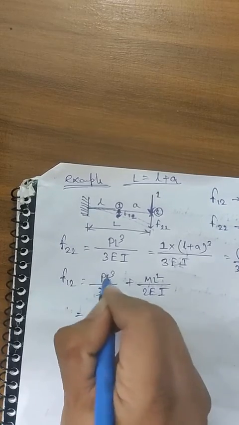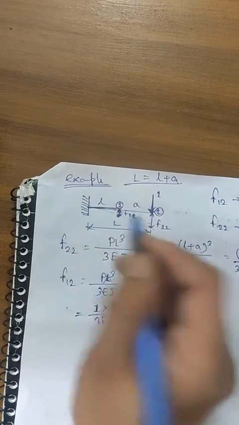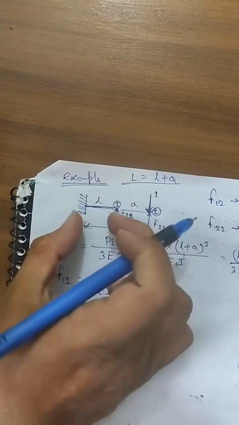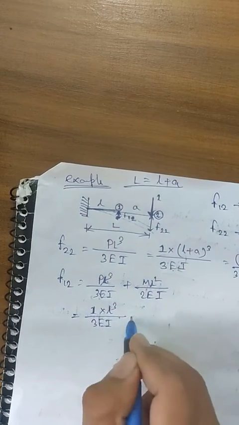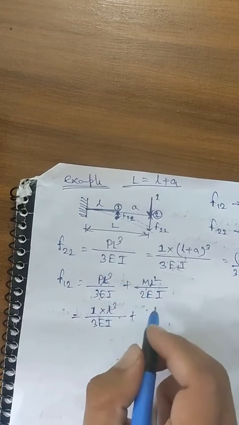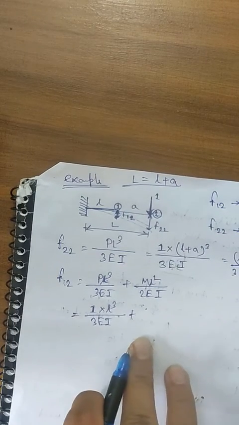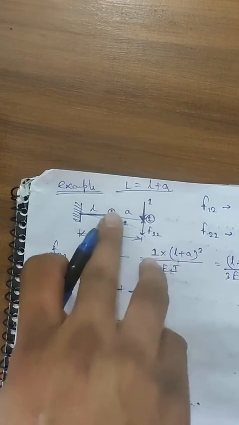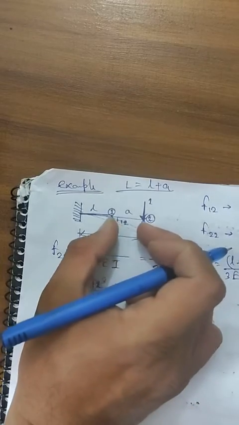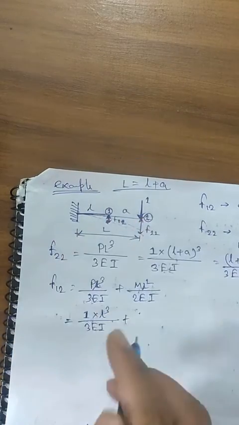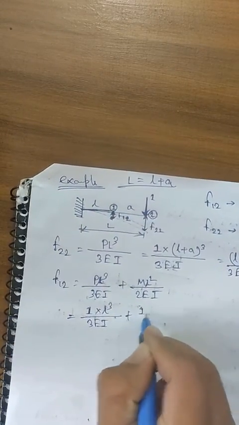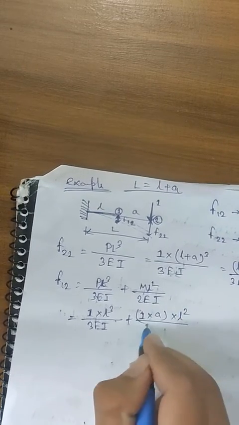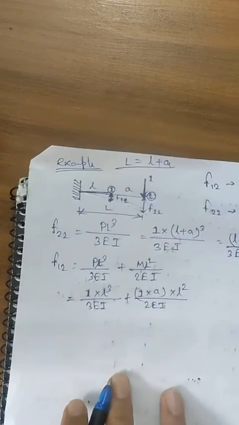This is small l because we are now calculating on this portion only. Plus the moment. Moment equals force into perpendicular distance. Your force is P, that is 1, and the perpendicular distance is a, right? So M is equal to 1 into a into L squared divided by 2EI.